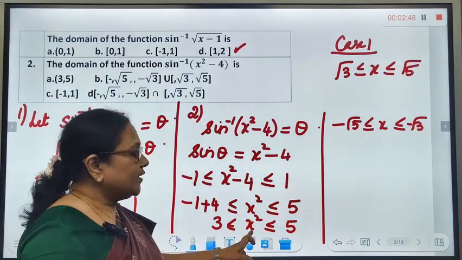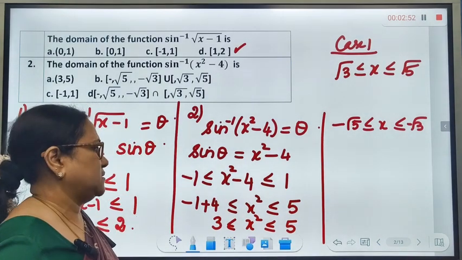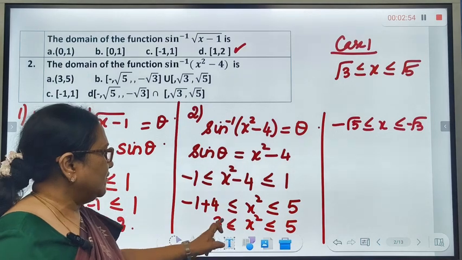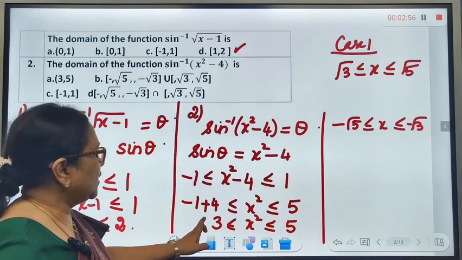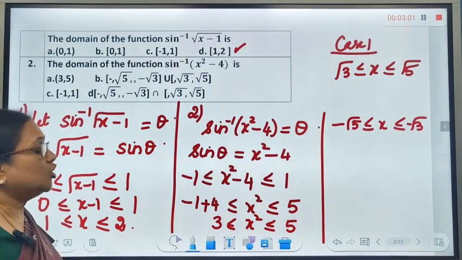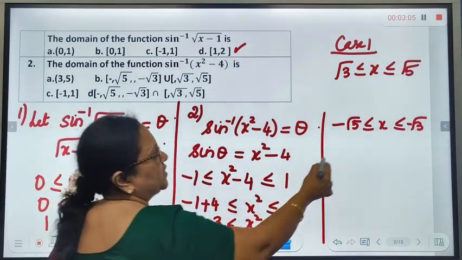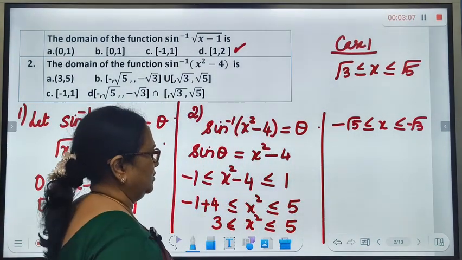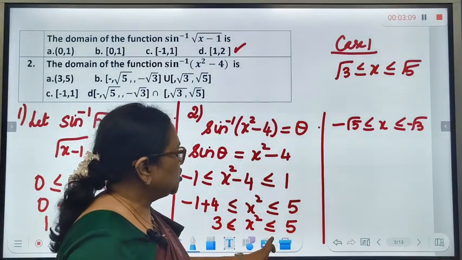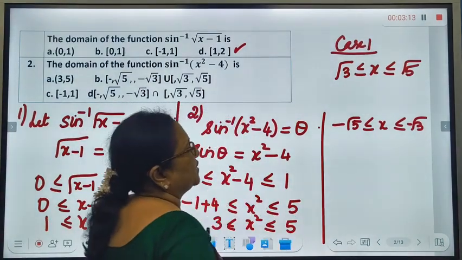Because x square is not only the square of x, it is also the square of minus x. So when I put minus x, I will have minus x the whole square, 3 less than or equal to minus x the whole square, or root 3 less than or equal to minus x. Root 3 less than or equal to minus x is the same as x less than or equal to minus root 3. Similarly, minus x less than or equal to root 5, which is the same as minus root 5 less than or equal to x.